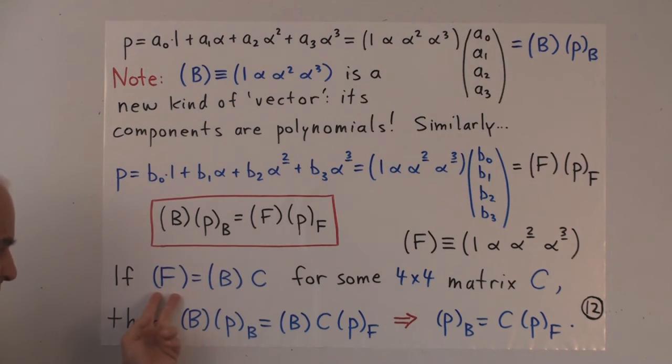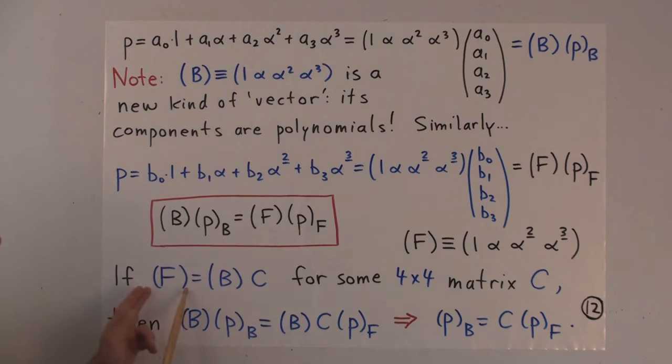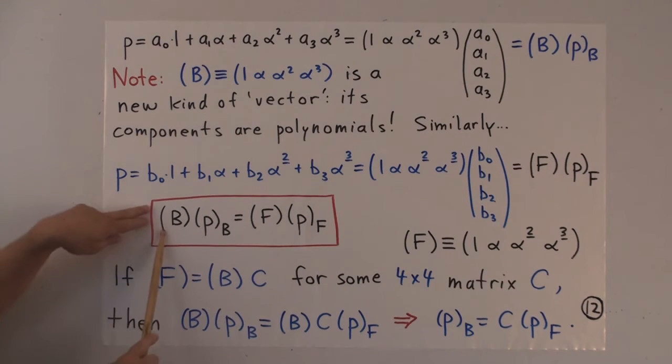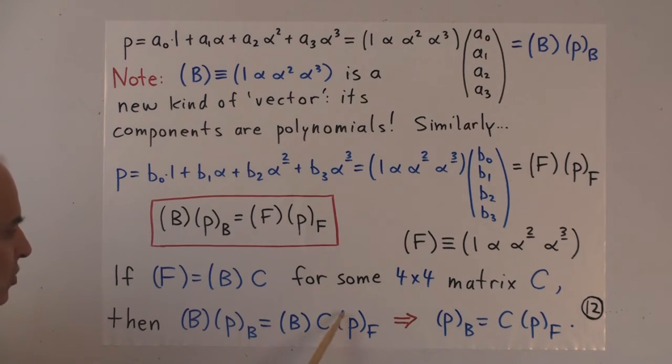So in other words, we know how to express the f basis elements in terms of the b basis elements, and that's essentially what this equation captures. So if we know this equation, then we could replace this f with b times C, and then this equation would read vector b times coordinate vector of p with respect to b equals now vector b times matrix C times coordinate vector of p with respect to f.